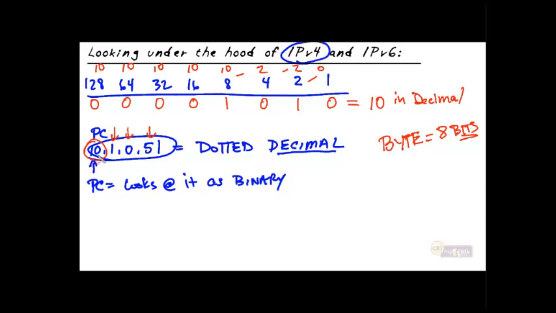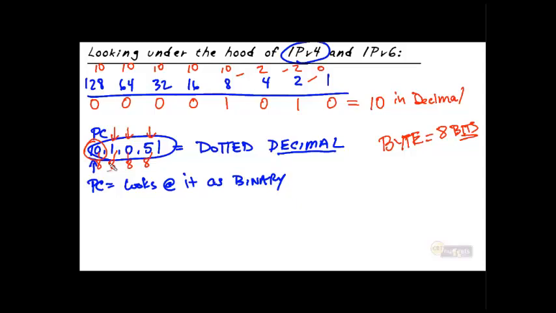So this IP address 10.1.0.51, the computer sees it as 32 bits. 8 bits plus 8 bits plus 8 bits plus 8 bits. So 8 and 8 is 16, plus 8 more is 24, plus 8 more is 32. 8 times 4 is 32.